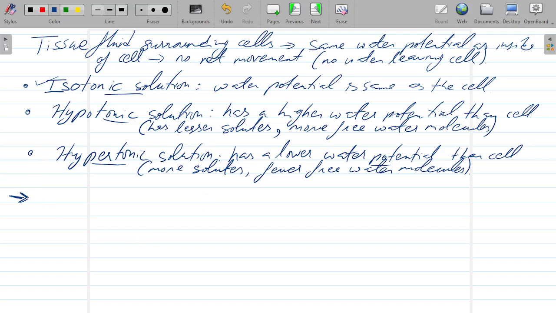So let's talk about an animal cell first. Let me highlight that with a different color to help. The first scenario is putting it into a hypotonic solution.